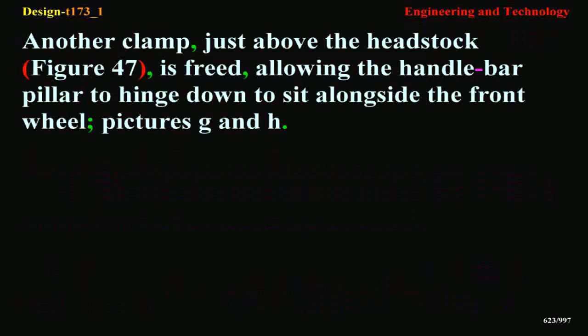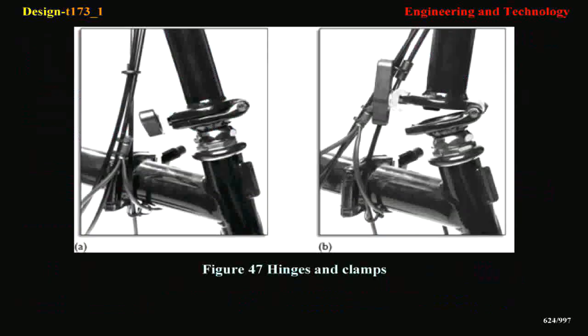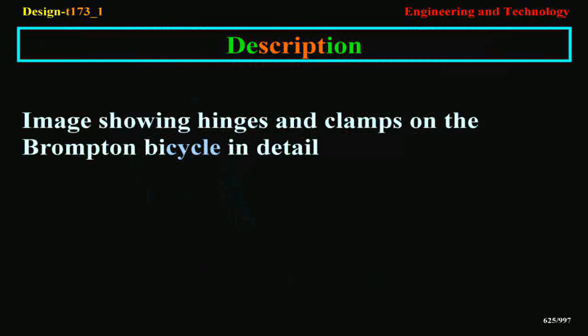Figure 46: Brompton bicycle being folded. Another clamp, just above the headstock, Figure 47, is freed, allowing the handlebar pillar to hinge down to sit alongside the front wheel. Pictures G and H. Figure 47: Hinges and clamps. Image showing hinges and clamps on the Brompton bicycle in detail.